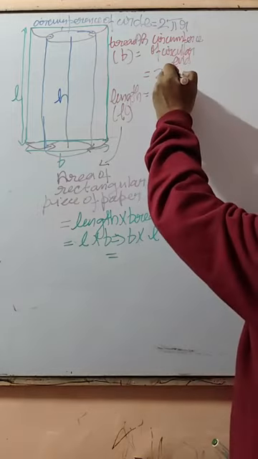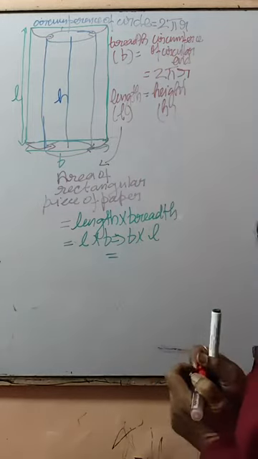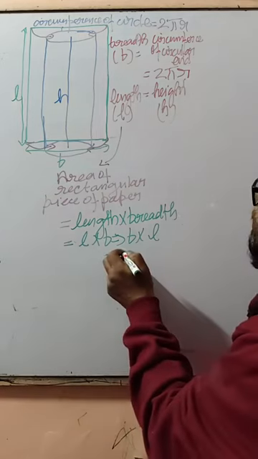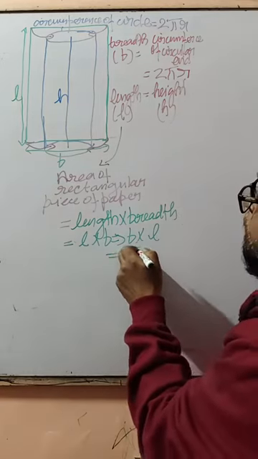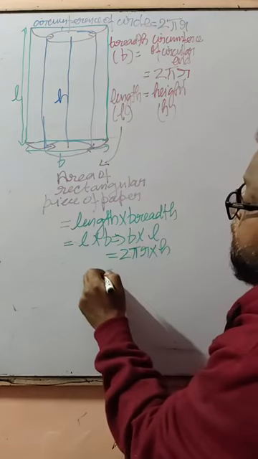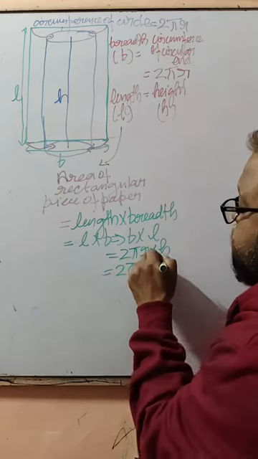B is 2 pi r into L, which is equal to height, so we get 2 pi RH.